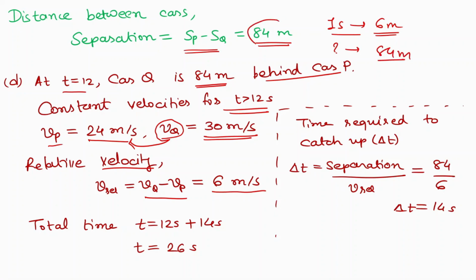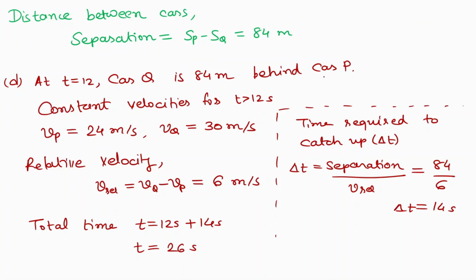The distance between the two cars is 84 meters, so we need to cover 84 meters to pass car P. For 1 second it takes 6 meters, so now it is 14 seconds.